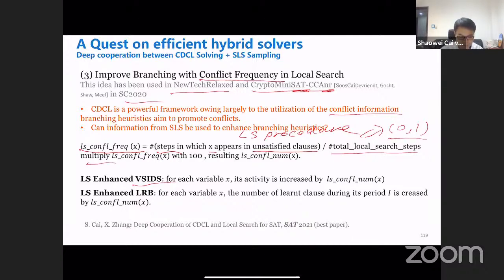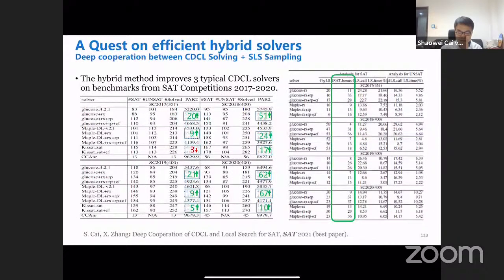Then we multiply it by 100 to get an integer number, and this can be added to the score in VSIDS, or can be added to the LRB score. And in both ways, we found that it can improve the performance of CDCL.